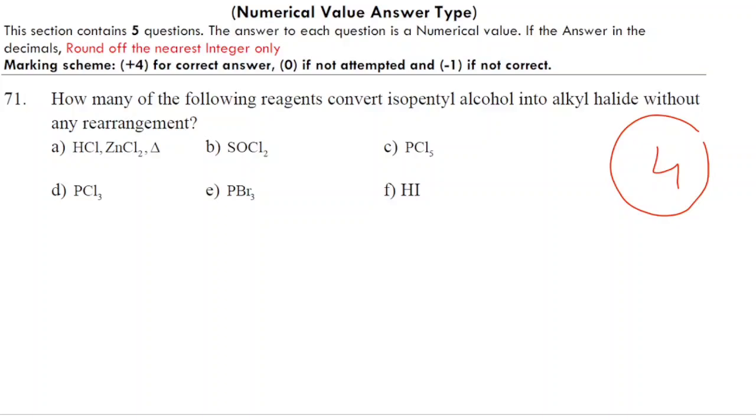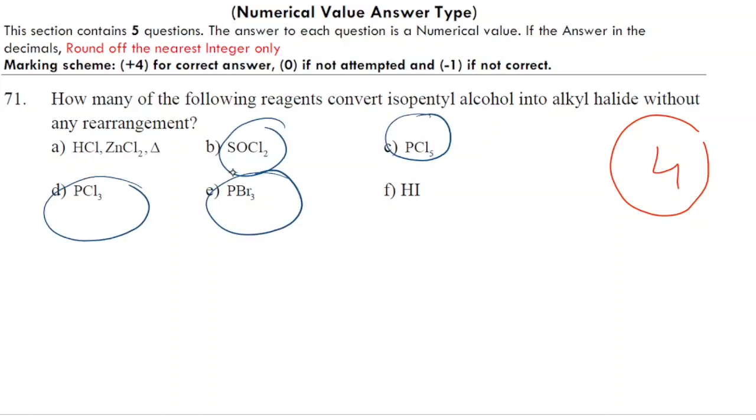Here without any rearrangement, in the sense, if we consider the PCl3, PCl5 or SOCl2 and PBr3, if we consider all these, isopentyl alcohol readily converts into halide, whereas the other reagents readily form a carbocation, where there is a chance of rearrangement. Okay, total 4 are there.